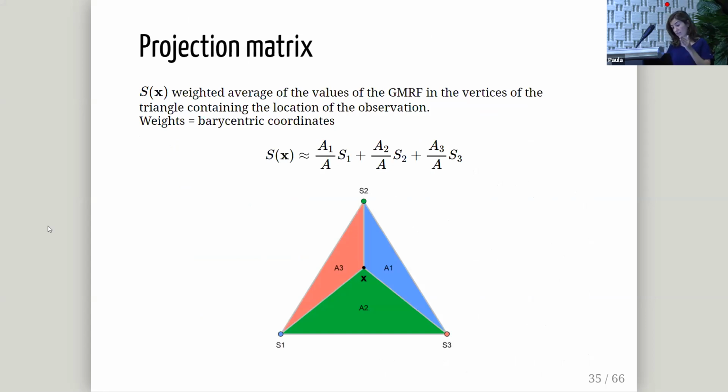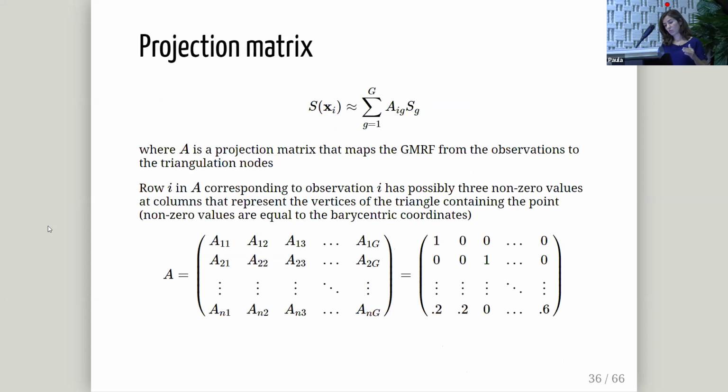Okay, and for doing this, when we use INLA, we need to define a projection matrix. And this projection matrix maps the continuous Gaussian Markov random field from the observations to the triangulation nodes. So this is the matrix A. It has n rows and g columns.